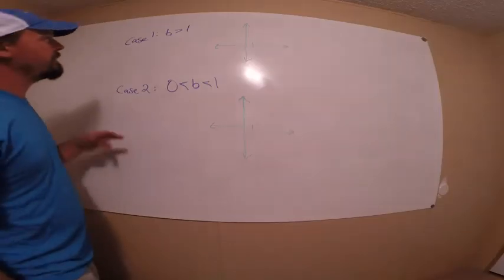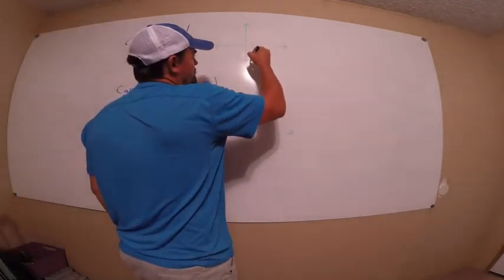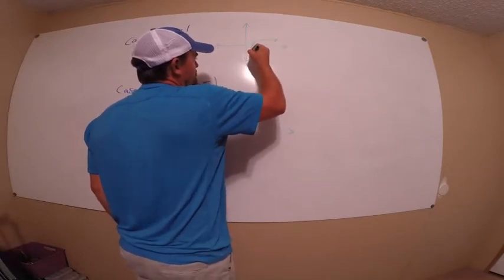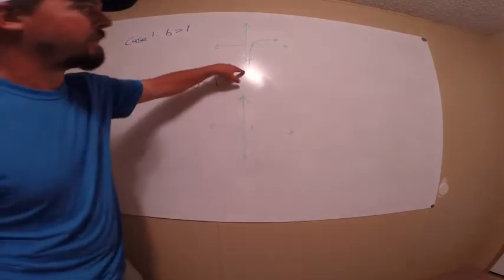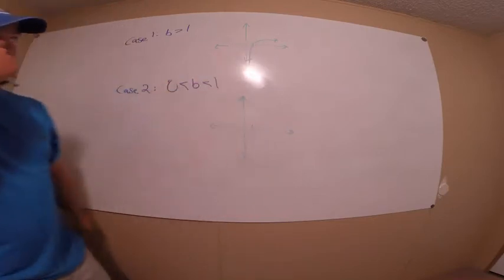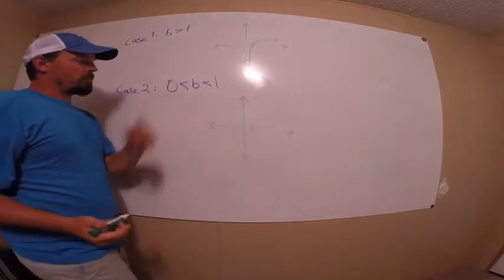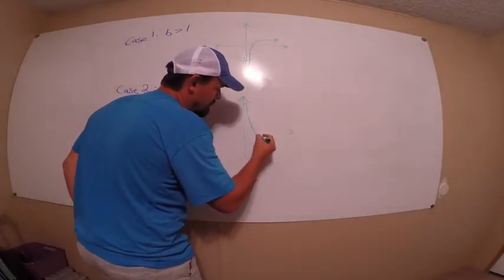Ladies and gentlemen, we have two cases. First case, when b is greater than 1, we've got this line that approaches the y-axis down here, but it never touches it. Remember that you have an x-intercept at x equals 1. Now, if b is between 0 and 1, it's going to flip and go the other way.